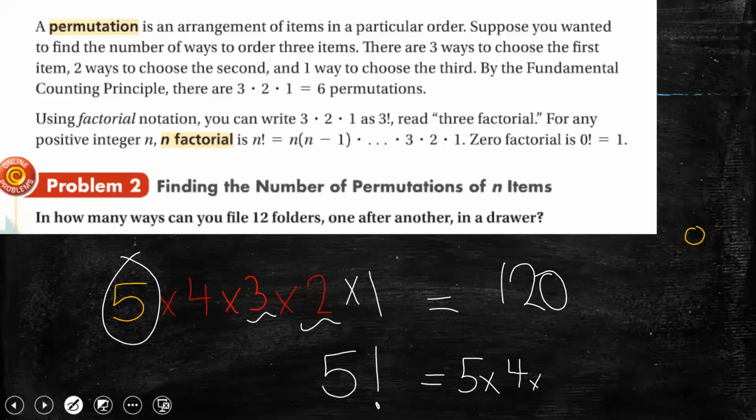You have to go back: 5, 4, 3, 2, 1, and you will stop. And you will find the answer is 120. In general, we call it n factorial. So this is 5 factorial. 5 factorial means 5 times 4 times 3 times 2 times 1.